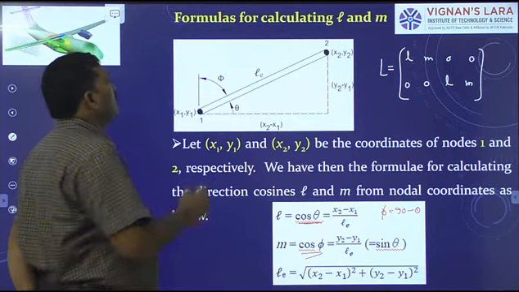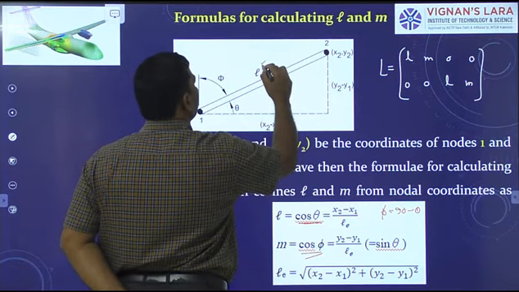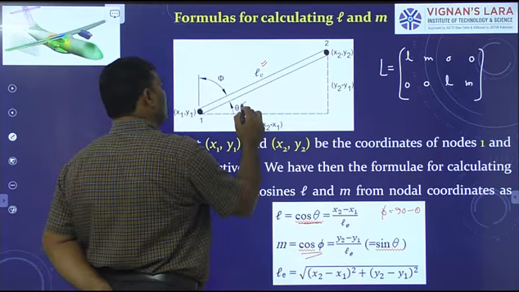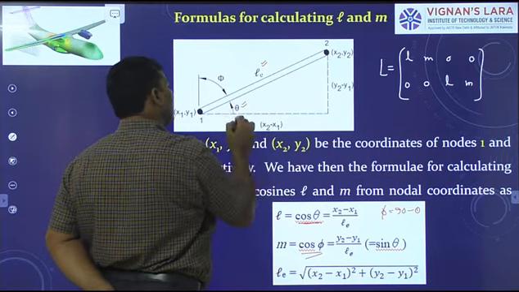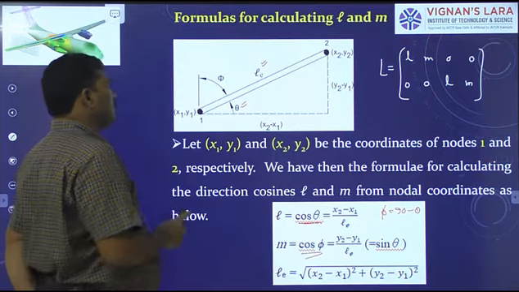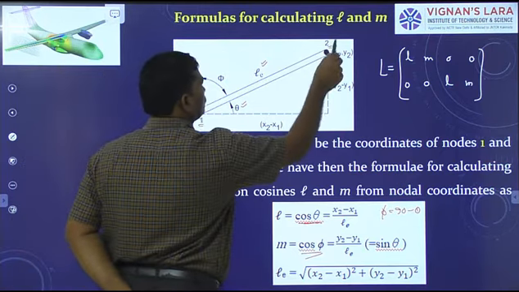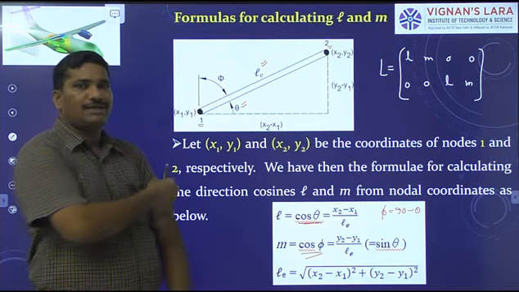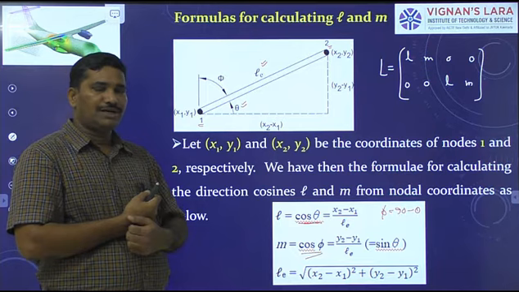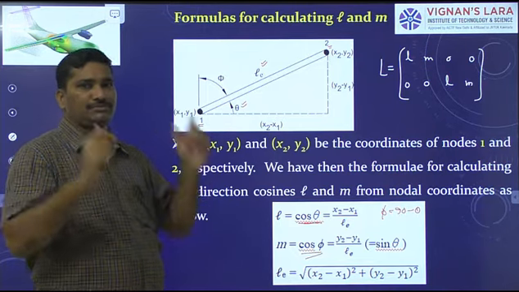Now, here we have a truss element of length LE. Theta is the orientation. The truss member is inclined at an angle theta with the horizontal. Right? This is node 1 and this is node 2. Where are the nodes taken in truss elements? At the ends. Nodes are taken at the joints in the truss structure.